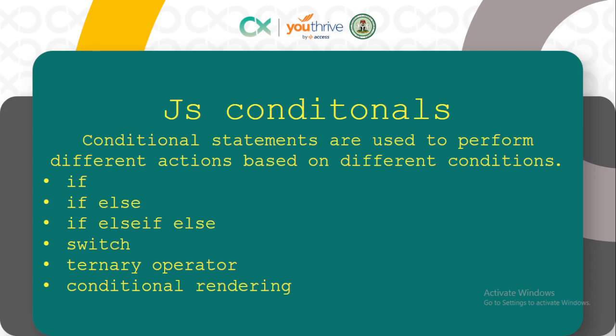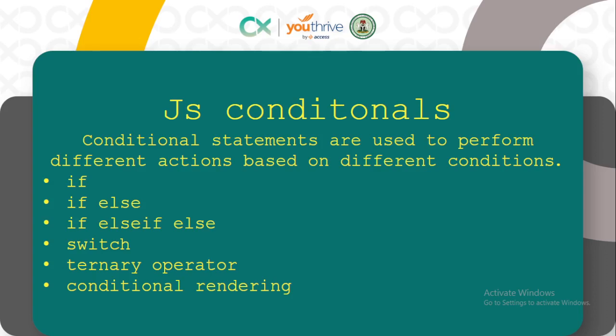Then we have conditional rendering, which we use mostly in React, but it's good to learn it now, and it's a shorthand version for the if statement. Remember that with conditional statements in JavaScript, you can perform different actions and determine when your code will run based on a certain condition.